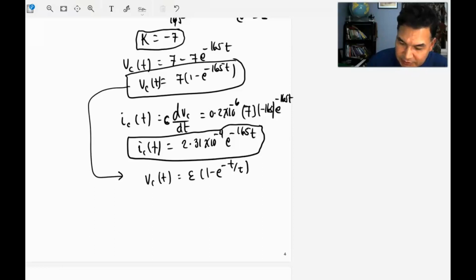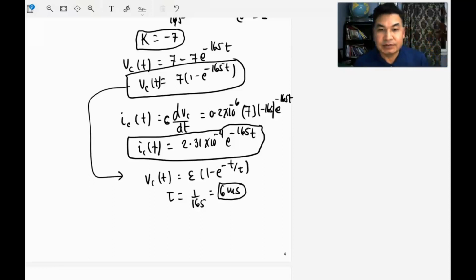If you compare that, your tau, which is the time constant, is simply 1 over 165, and that has to be 6 milliseconds. So the time constant of this circuit is 6 milliseconds. That's the first part of the question: finding the voltage and current across the capacitor as a function of time.